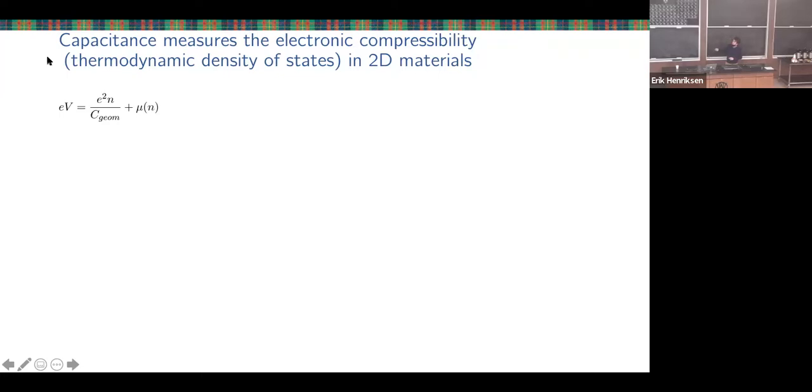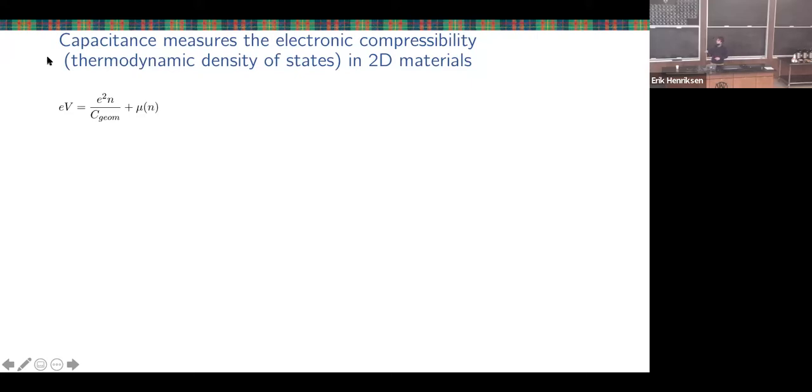This is an equation which tells you that if you apply a voltage to a pair of capacitor plates, you have to pay a charging energy cost, which is really just Q over C. But if there's a finite level structure or a finite chemical potential, you also have to pay that cost. Normally in a macroscopic capacitor, you only have to pay the electrostatic cost, so Q equals CV.